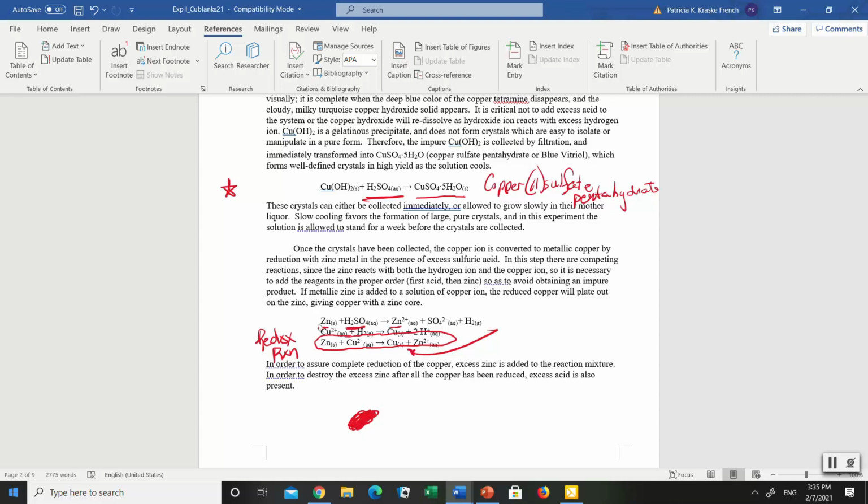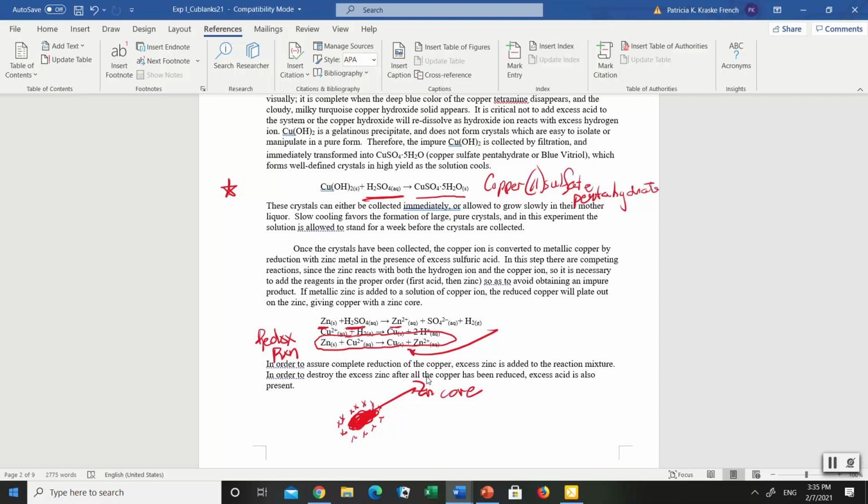And on top of that core of zinc will be your copper that will have been reduced out. So you'll end up with, effectively, pennies. You'll end up with copper with a zinc core. And that is very obviously impure, and we're trying to avoid that.